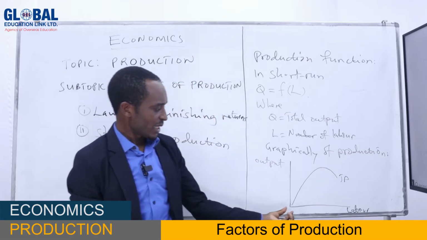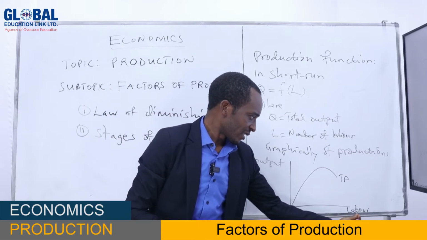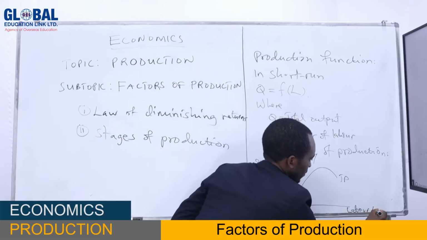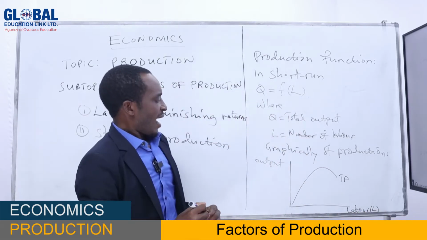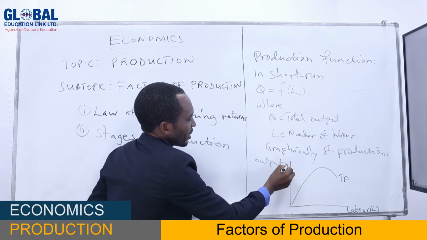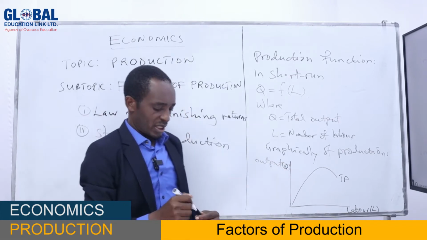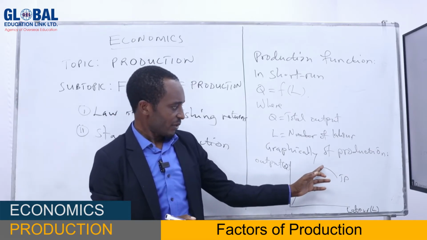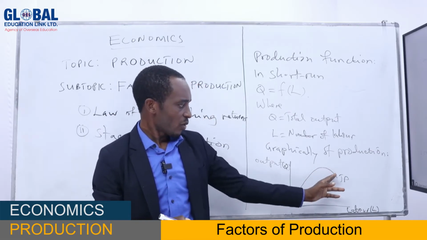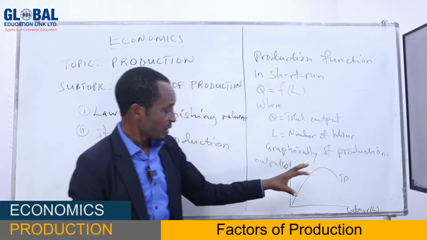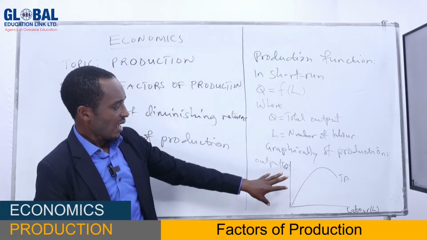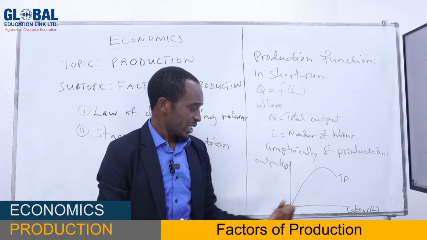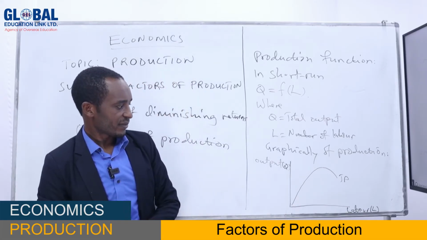So as I employ a certain unit of labor, which is L, the total output Q is increasing, then reaches a certain point which is maximum, then will start to decline. So under short run, this situation will exist.